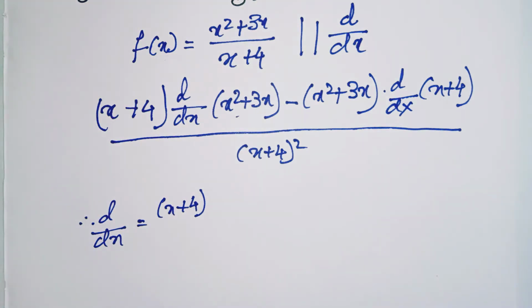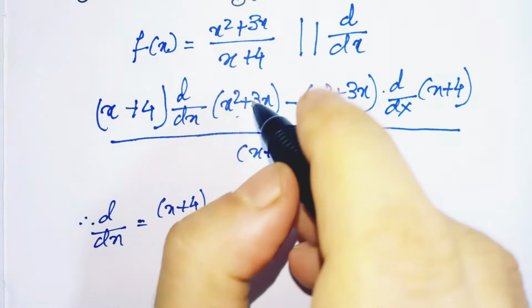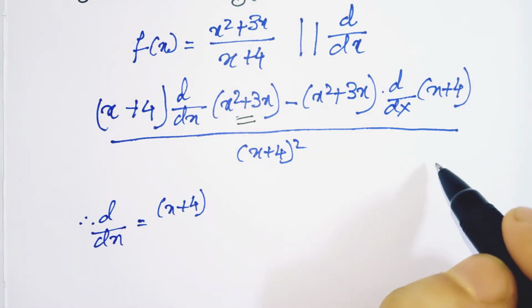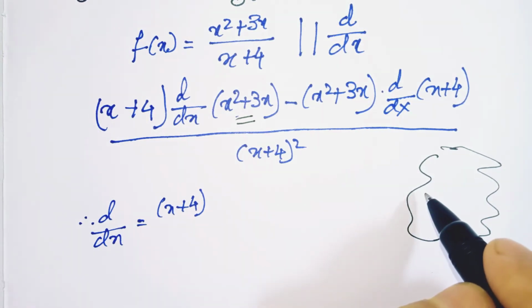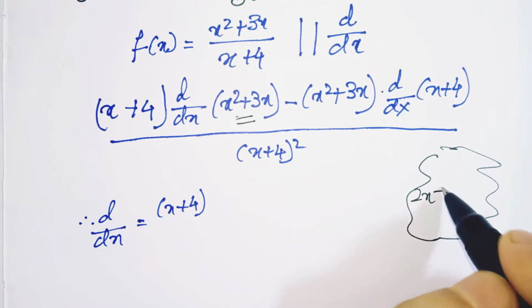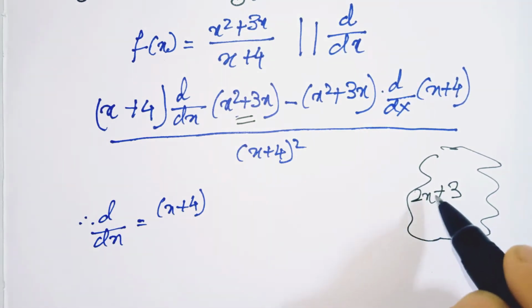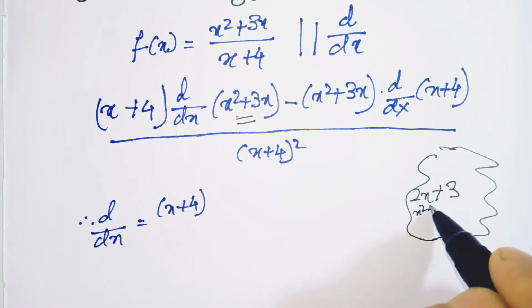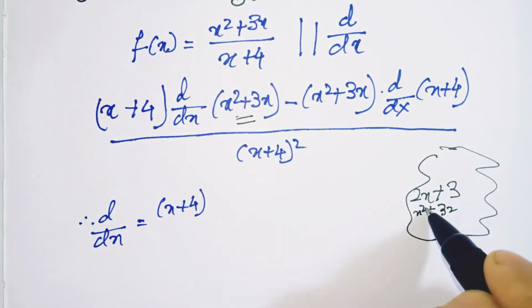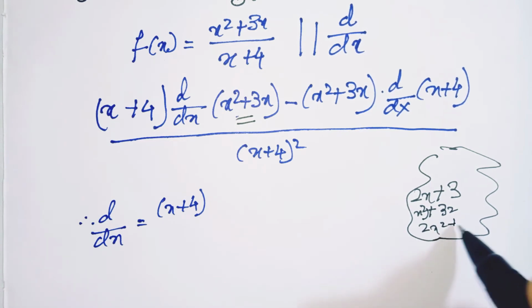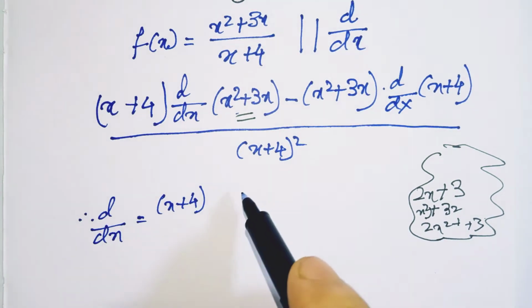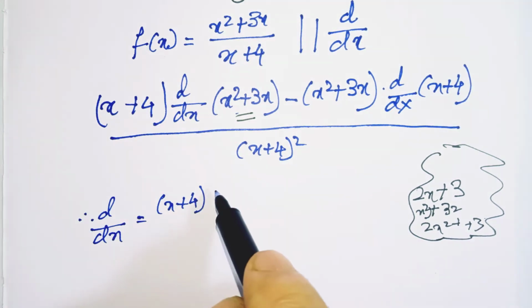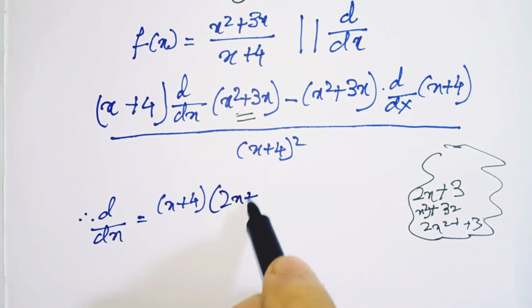If you have not, you can look into my other video. Just to keep notes, if I do it over here with d by dx, it would be 2x plus 3, because we bring the 2 down as 2x with power 2 minus 1, plus 3, and the x vanishes because the differentiation of x is 1. So what I get over here is x plus 4, and then by differentiating I get 2x plus 3.